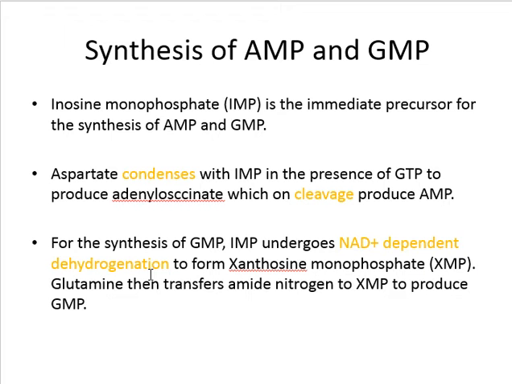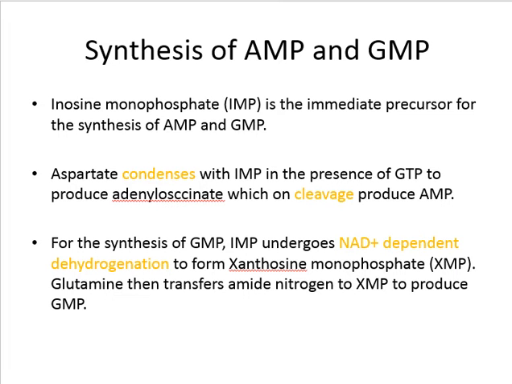As a result of this dehydrogenation, the IMP is converted to xanthosine monophosphate, and then in the next step, this xanthosine monophosphate reacts with the glutamine, and then the glutamine transfers its amide nitrogen to the xanthosine monophosphate to produce the GMP.